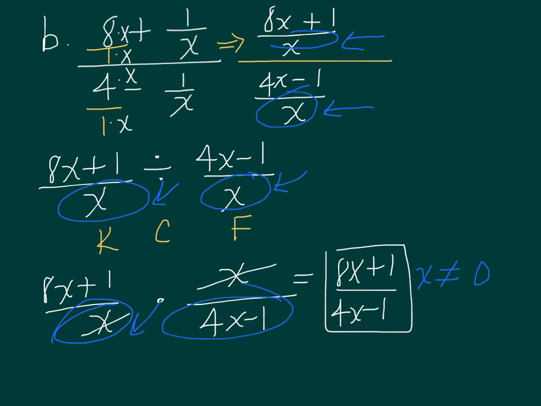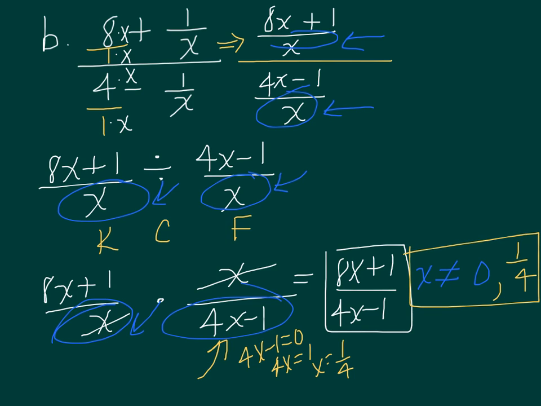Then you have this one, 4x minus 1. If you don't know what x has to be, you can always set it equal to 0. So that would be 1/4. So x can't be 0 or 1/4.